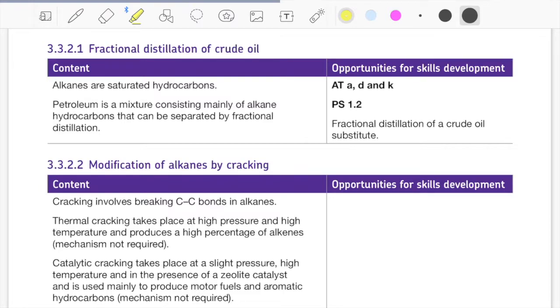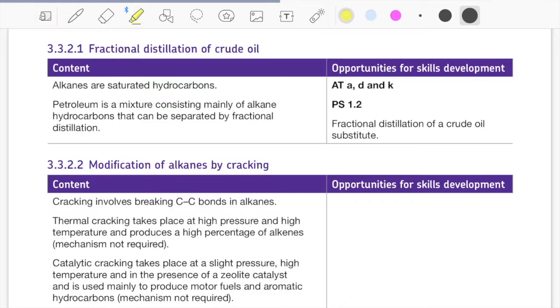This connects with the bonding topic in the course, the physical chemistry bonding topic, where you looked at, or will look at, intermolecular forces of attraction. Whereas at GCSE you simply referred to weak forces of attraction between molecules, at A level you break those intermolecular forces down into three types: van der Waals forces, permanent dipole-dipole, and hydrogen bonding. That was in the bonding topic.